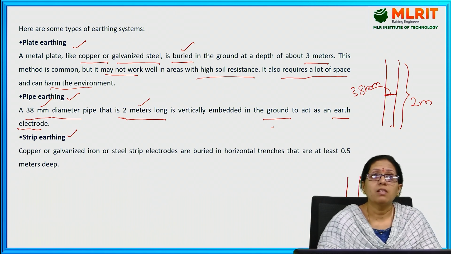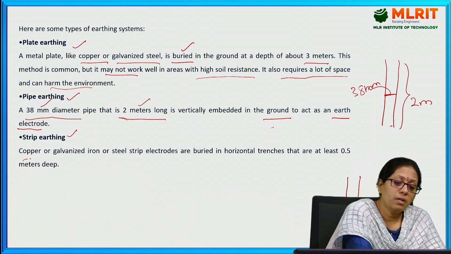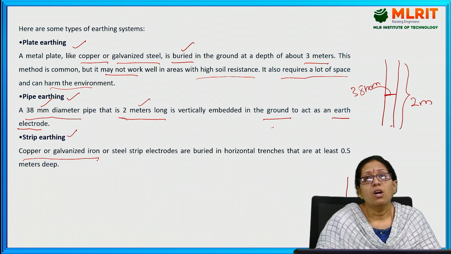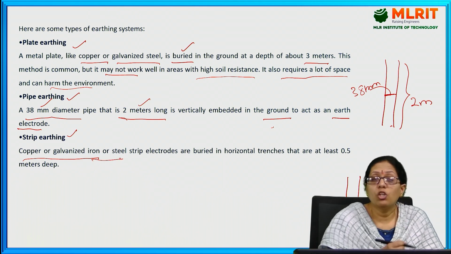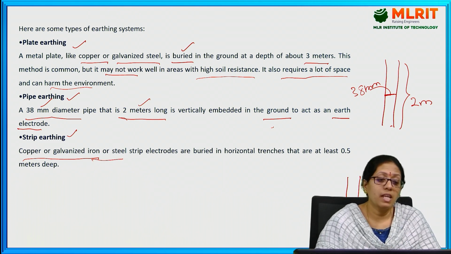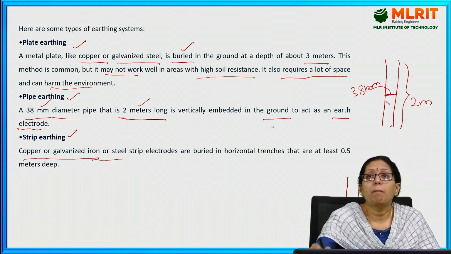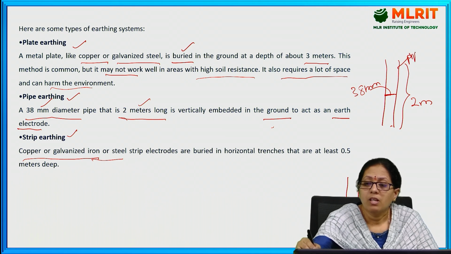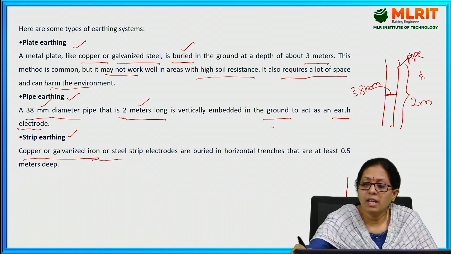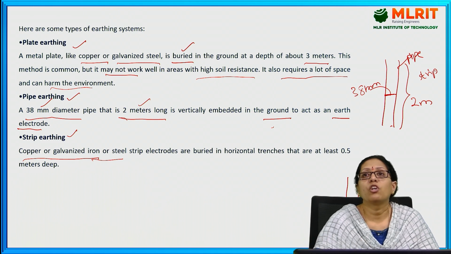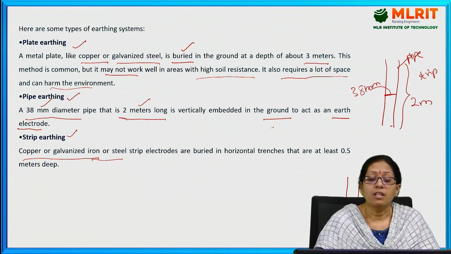The third type is strip earthing. In this strip earthing also we will be using copper or galvanized iron or steel, the same type of material as plate earthing. Now here this is a pipe, and instead of a pipe we will be using a strip, made up of the same material.